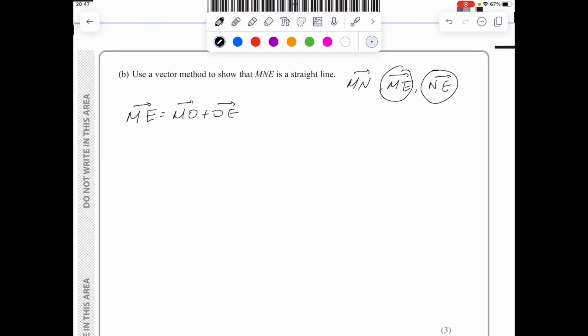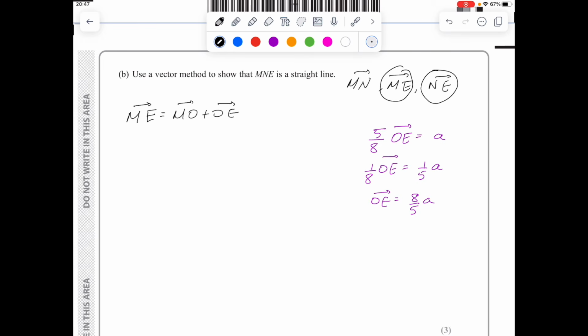Now I don't have OE, but I'll come to the side and say that 5/8 of OE is equal to a single a. So if I divide by 5, I'll get an eighth of OE is equal to a fifth of a. So OE is just 8/5 of a.